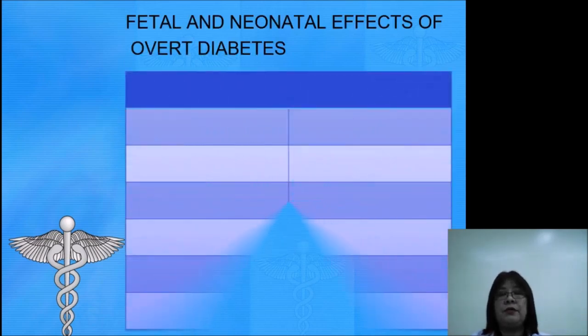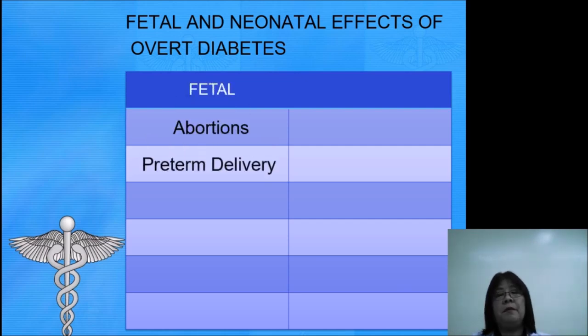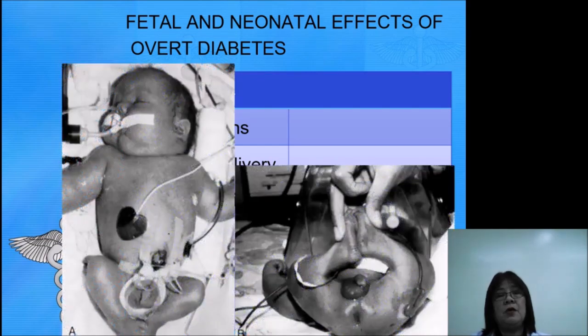So what are the neonatal and fetal effects of overt diabetes? These are the complications. They are at high risk for abortions, preterm delivery, and malformations. Look at this picture. You can see that the legs are short.